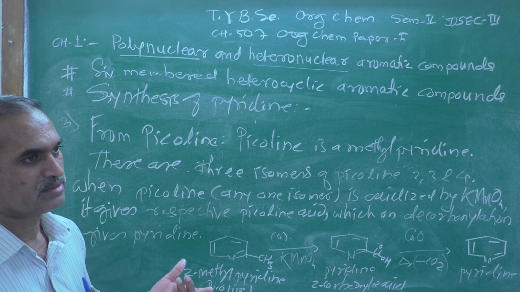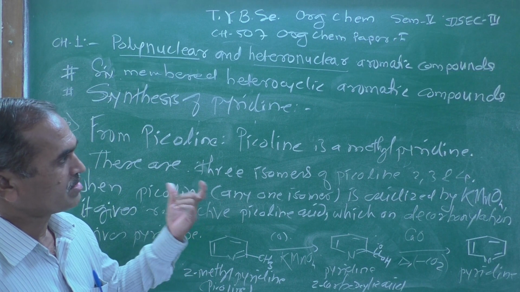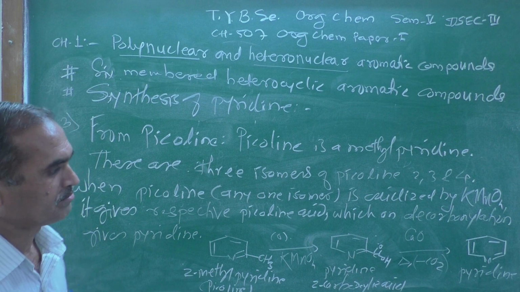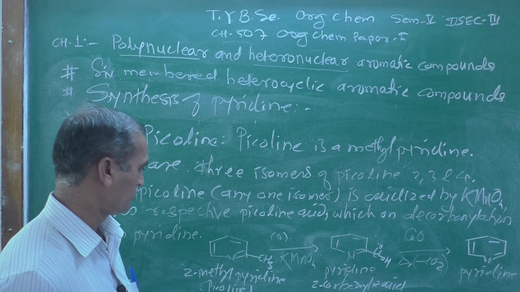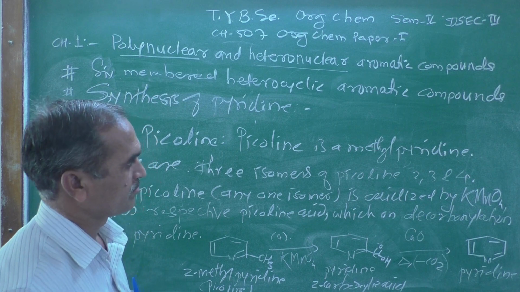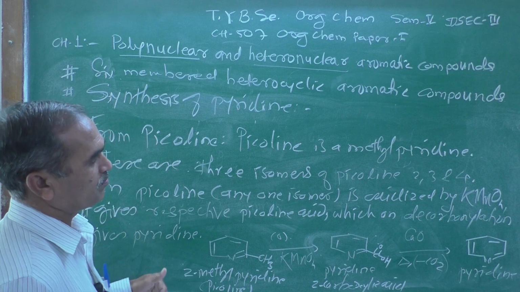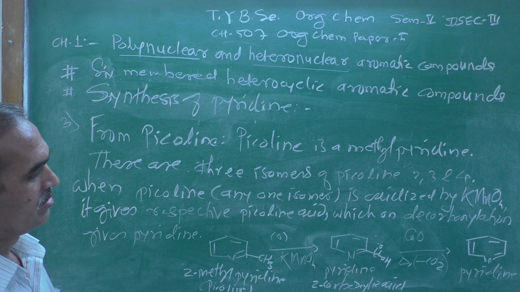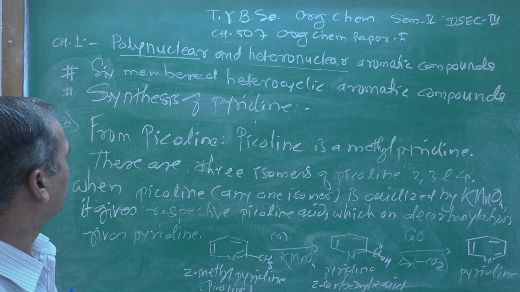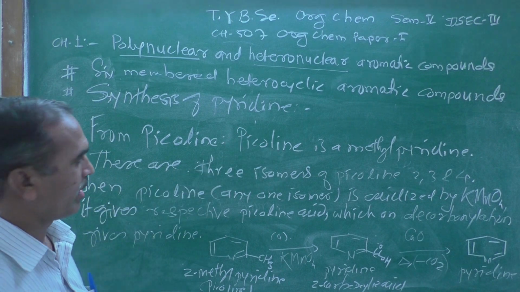The resulting compound obtained will be picoline, generally 3-methylpyridine, and starting from that picoline, we can get the pyridine in this way. Picoline is a methylpyridine.